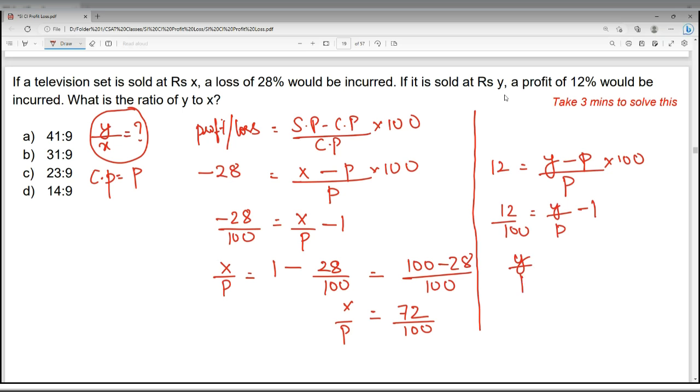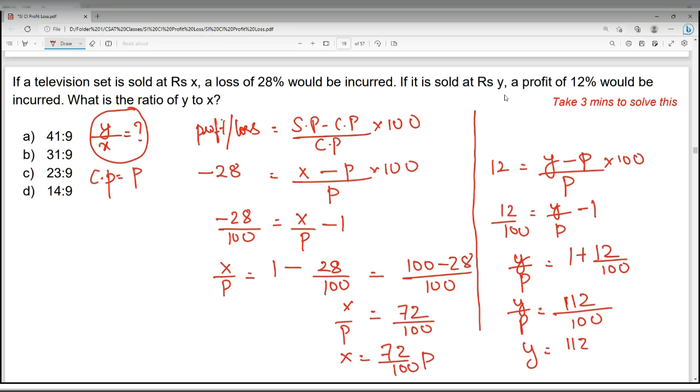Y by P is equal to 1 plus 12 by 100 is equal to 112 divided by 100. This is Y by P. And now we have X by P, and then we have Y by P. Or we can say X is equal to 72 by 100 into P. Y is equal to 112 by 100 into P.